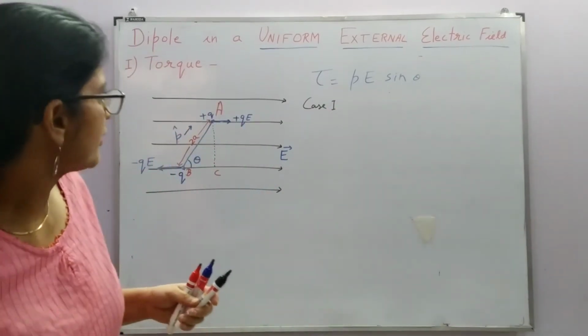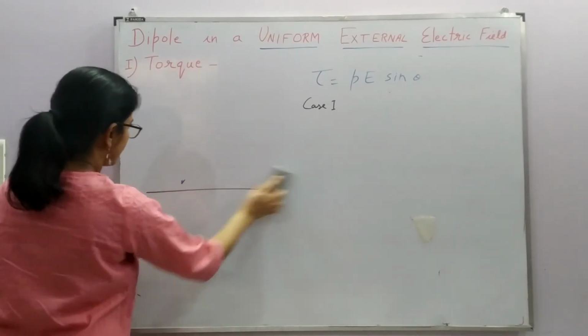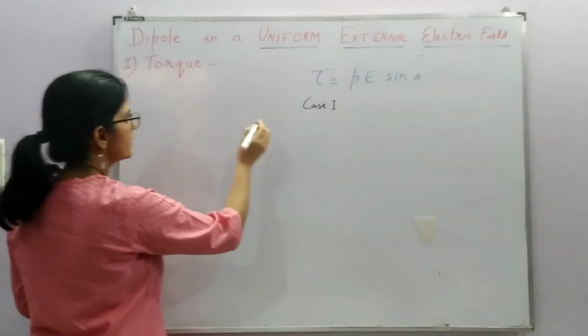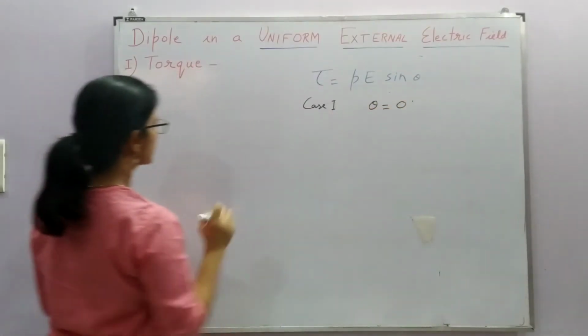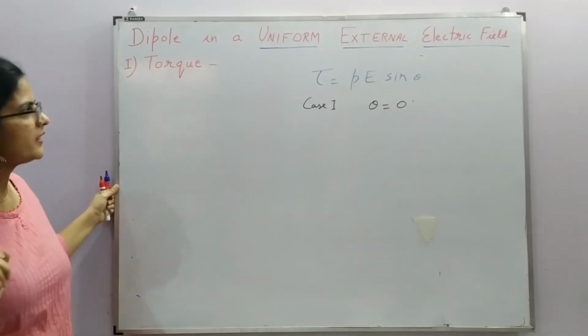Let's take the first case, case 1, right? And I'll draw different cases along with the angles. So for the case 1, let's consider that theta is 0 degree. What is theta? Theta is the angle between the dipole moment vector and the electric field.